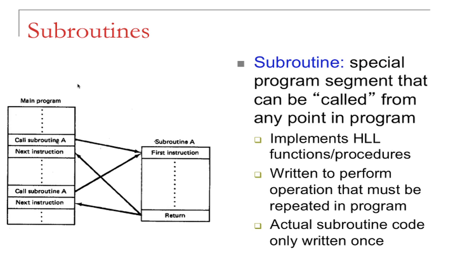So if you make the call here, then it will return to this next instruction. If you made the call here, then it will return to this instruction. And of course, we'll see how we make that happen, or how do the call and return instructions make that happen.